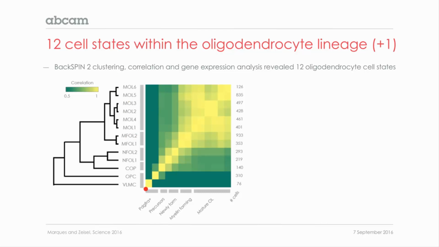What was also interesting was that we identified an additional cell state, which we call VLMC, which expressed PDGFR-alpha, one of the canonical markers for oligodendrocyte precursor cells, but did not belong to the oligodendrocyte lineage. And I'll talk a little bit more in detail later on.